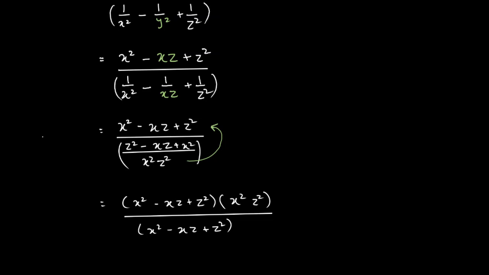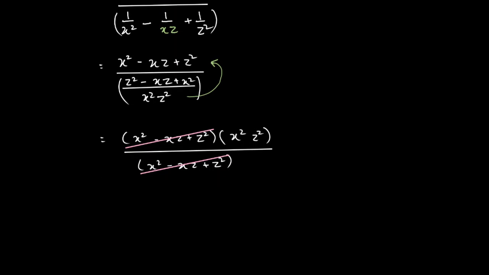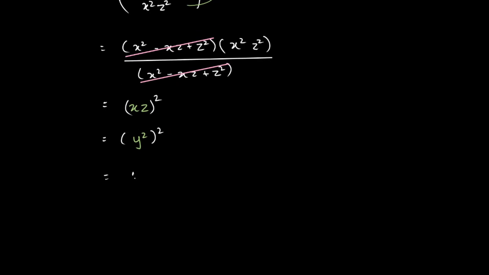So this entire term in the numerator gets cut with this entire term in my denominator. All that I'm left with is x²z², which can be written as (xz)². And xz is nothing but y², so (y²)², which is y⁴.